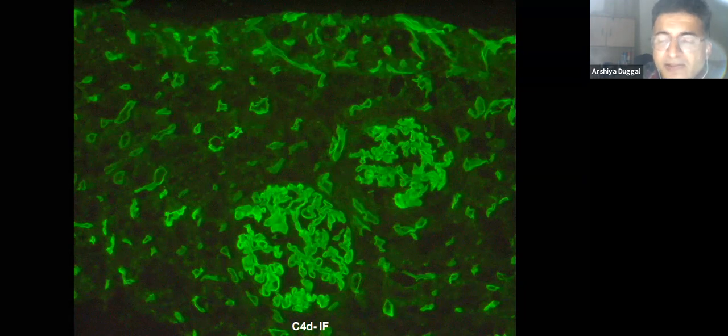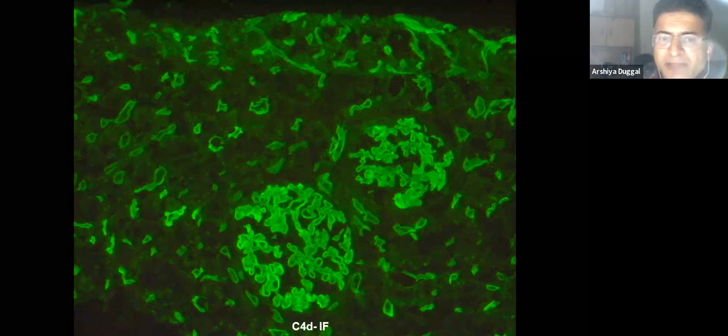On the other hand, there is a possibility that you see all the classical morphological features of acute AMR, that means TMA, glomerulitis, peritubular capillaritis, ATN, and diffuse C4d positivity. So absence of C4d positivity doesn't mean that it is not acute AMR. In a classical case of acute AMR, all this will happen, which I've shown you.